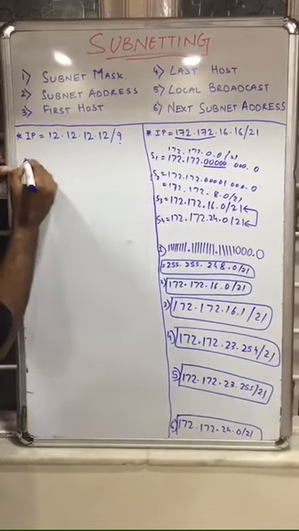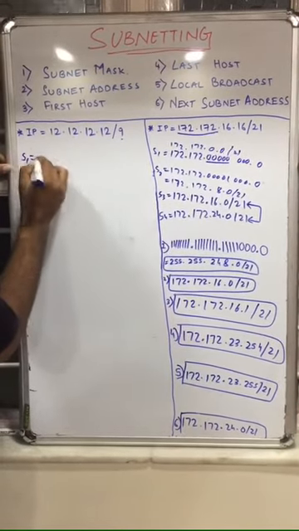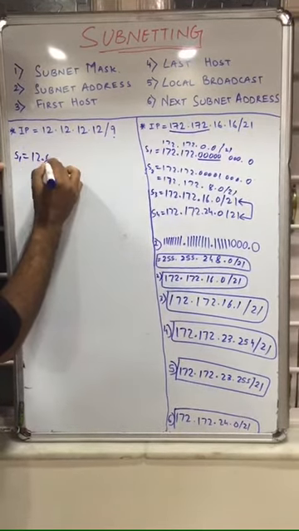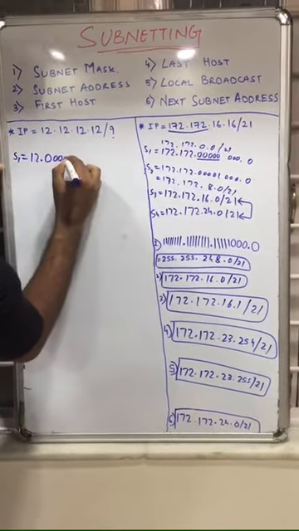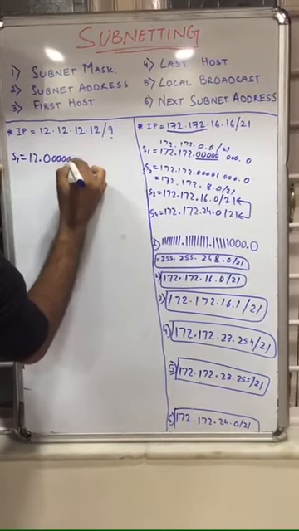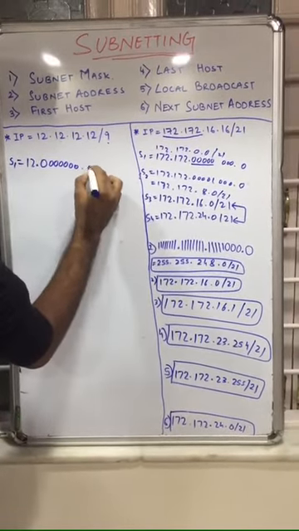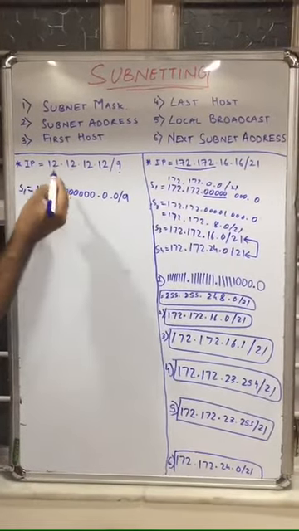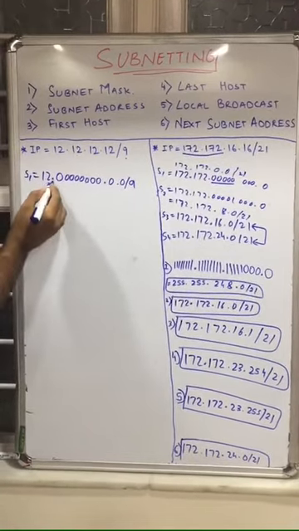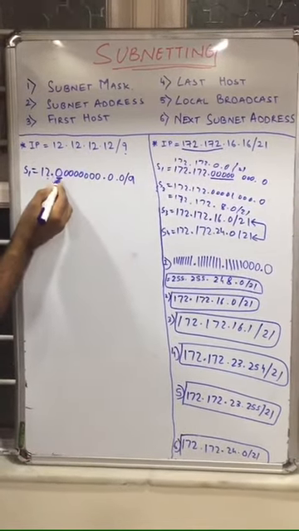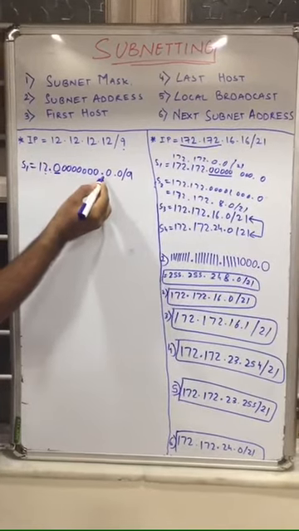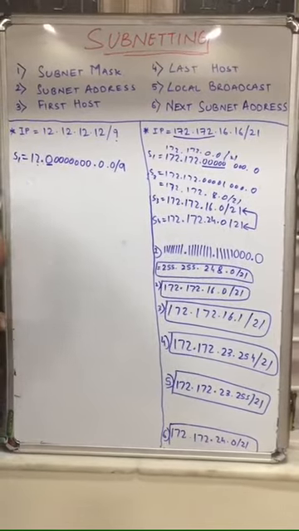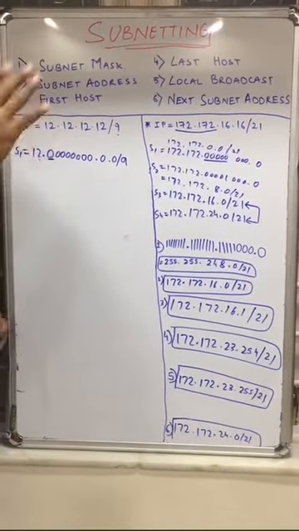As our first 8 bits are as they are, we can write it as 12 dot. We are borrowing 1 extra bit and the remaining 7 are different. Dot 0 dot 0. So we can write S1 as 12 dot 0, the 1 bit we borrowed, 7 zeros as they are, dot 0 dot 0/9. Whenever we borrow extra bits, the number of ranges is 2 raised to n.